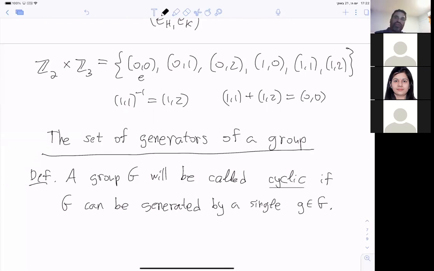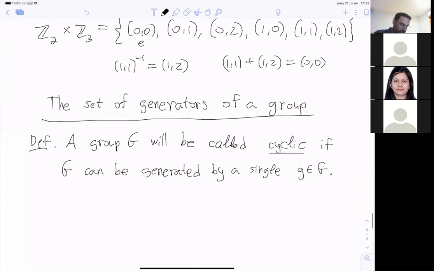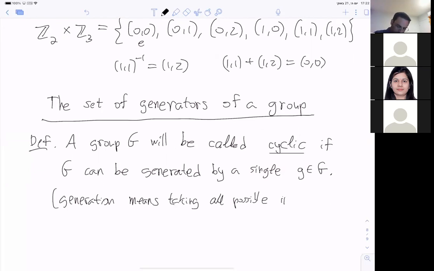What do I mean by generated? Generation means taking all possible integral powers of g.